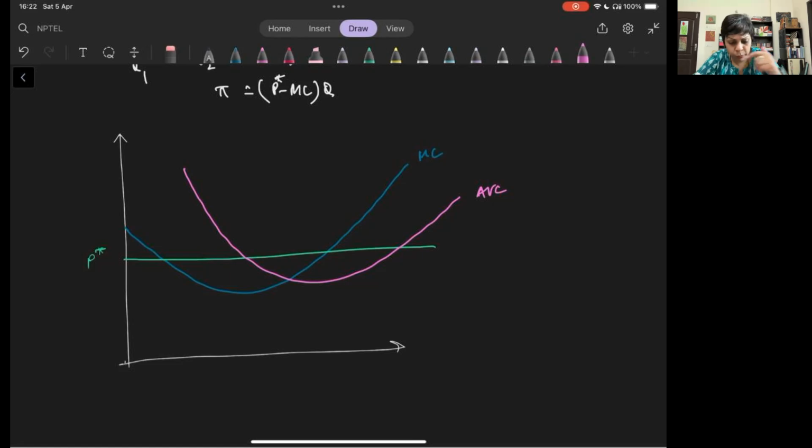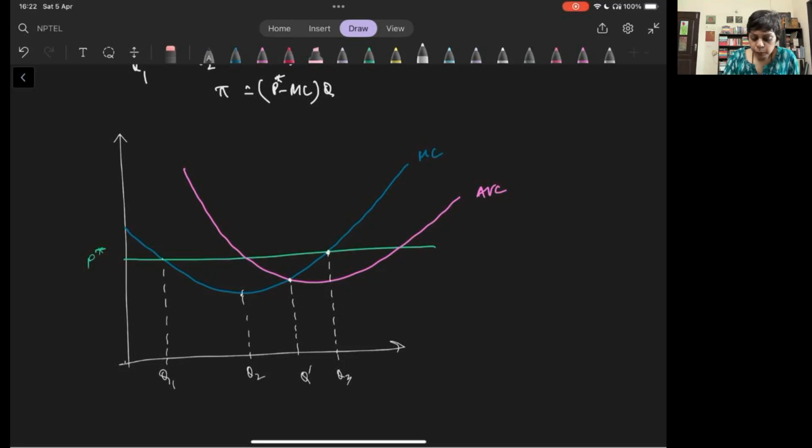Now you can see that the average variable cost is intersecting the marginal cost curve at this point, whereas what we are given is this is Q3, this is Q2, and this is Q1. Let's call this point Q prime. At the point Q prime, marginal cost is equal to average variable cost, but it is not equal to P star, right?